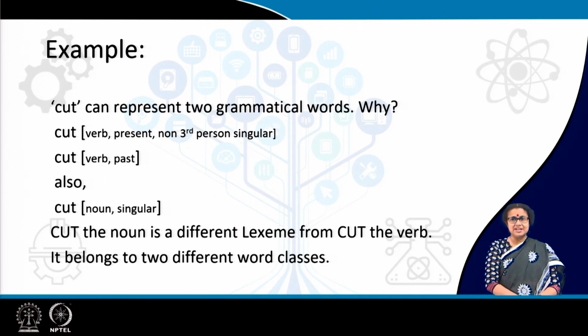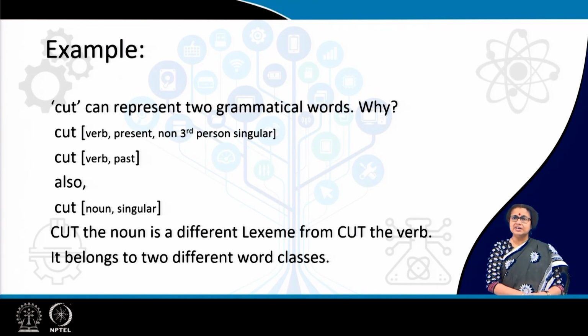This is the same example that we discussed in the last class, but I have more detailed clarification in this example now. So, you can say cut can represent two grammatical words. Why? Because as you know from the previous class, we can actually talk about two different grammatical categories while giving example from this word. So, cut can be verb present non third person singular, I mean it is not cuts, or it can be verb past.